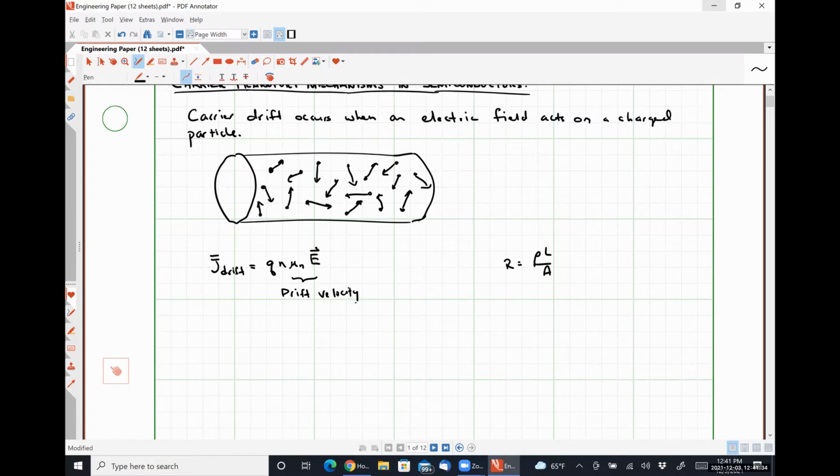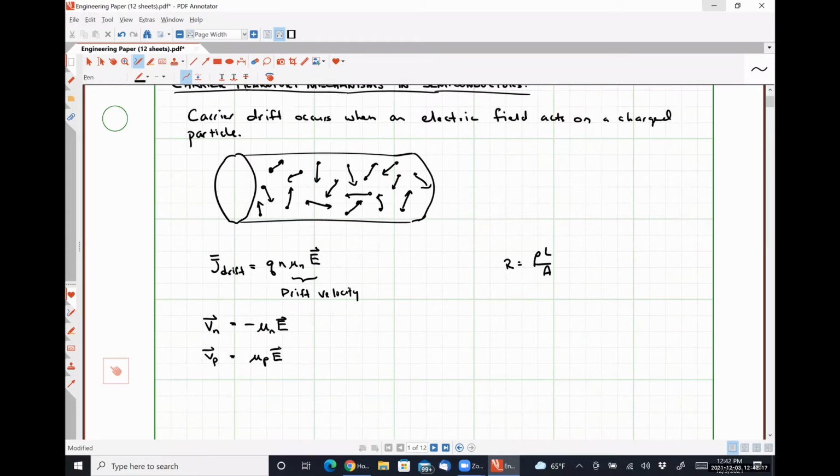So in a semiconductor material where both electrons and holes are present, we should observe a drift velocity of Vn is equal to negative mu n multiplied by our field vector E. And the drift velocity for holes, Vp, is equal to positive mu p multiplied by our electric field vector E.